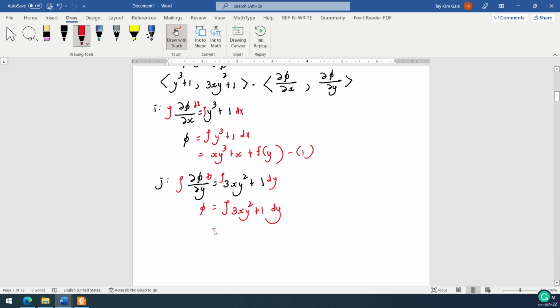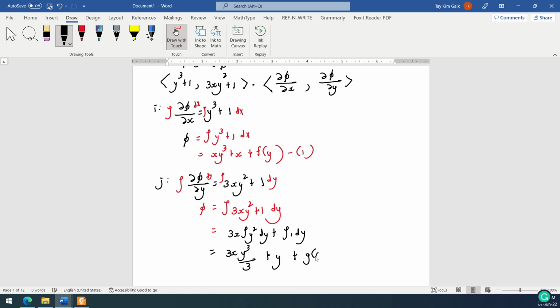This is partial integration. When you integrate with respect to y, x is constant, so you factor out 3x and integrate y squared dy plus integrate 1 dy. Integrating y squared dy gives y cubed over 3, and integrating 1 dy gives y.